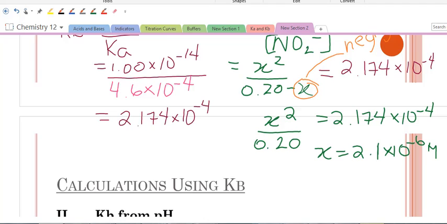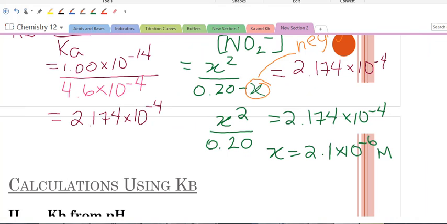And you might want to pause this in order to calculate the pH, because of course this is just your concentration of hydroxide ions. It is not what they asked you in the question, which was to calculate the pH.